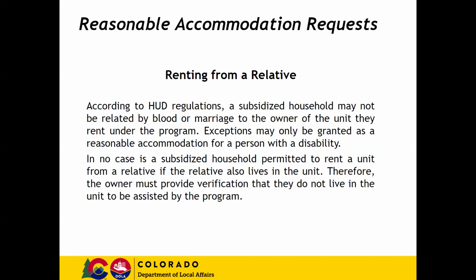We do ask that the owners provide verification that they do not live in the unit that will be assisted by the program. On one of the resource slides, we have a link to our website. On the forms page, we have a whole drop-down section for our reasonable accommodation documents, and included in there is the rent from relative form.